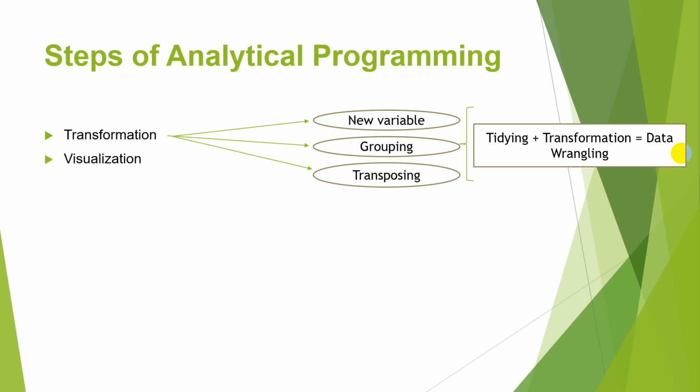Whatever data you captured in the research process, you are transforming in such a way that you can perform some analysis on it. After the data wrangling process, you are ready for the analysis.